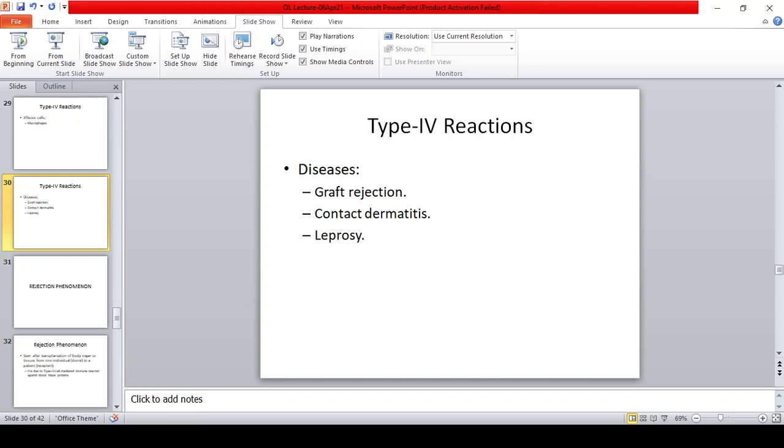Then contact dermatitis, a skin disorder in which contact with certain substances or chemicals produces inflammation, like contact with nickel or with the poison ivy plant. Then leprosy is another disorder in which the type 4 reactions may take place and damage the body tissues.